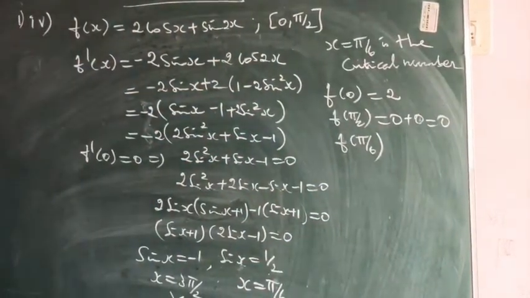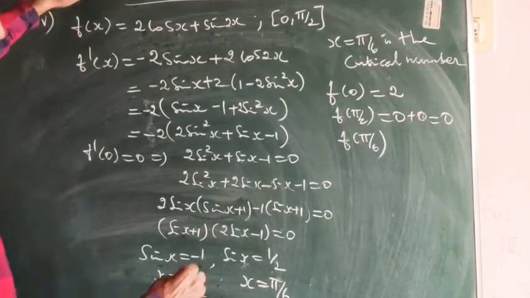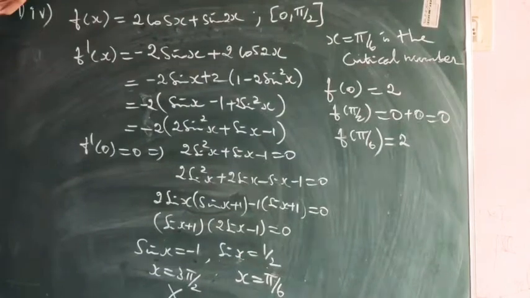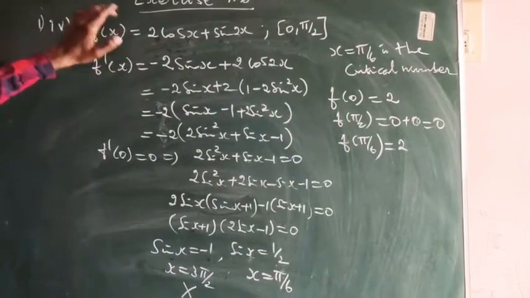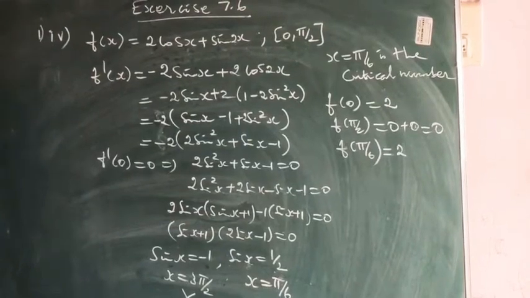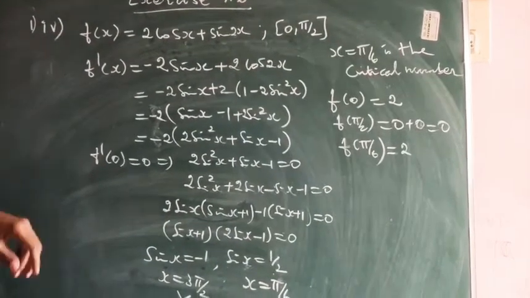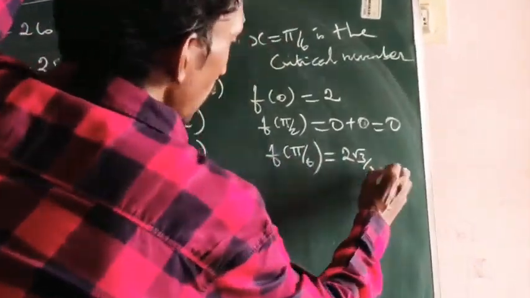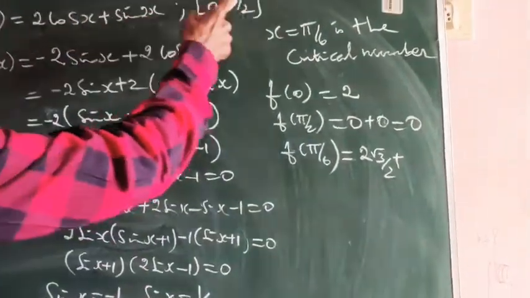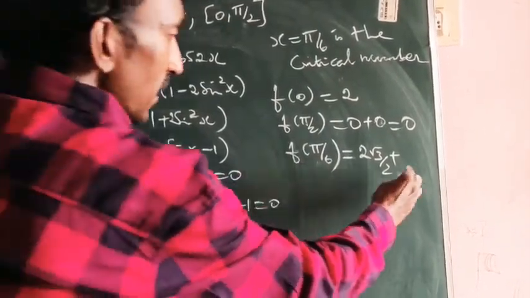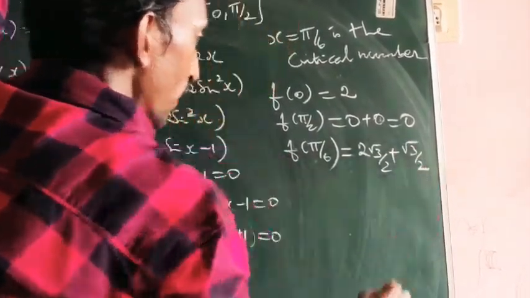Then put x equal to pi by 6, 2 into cos 30. So cos 30 is root 3 by 2, plus sin 2 into 30. 2 into 30 is 60. Sin 60 is also root 3 by 2.